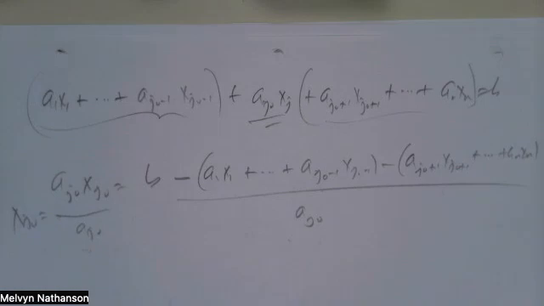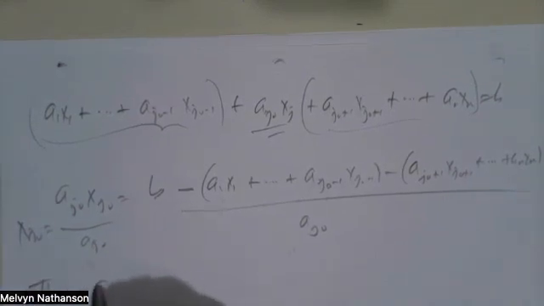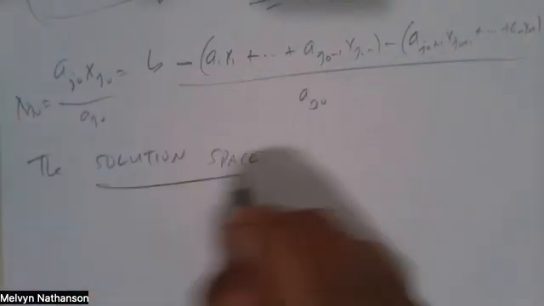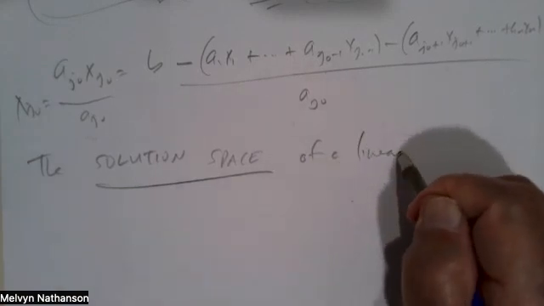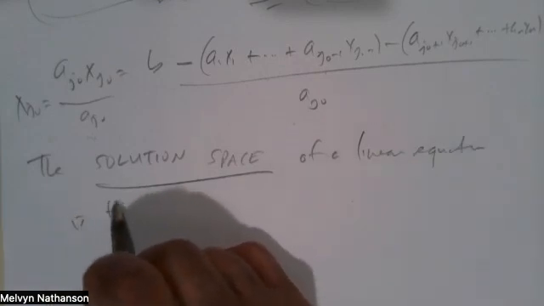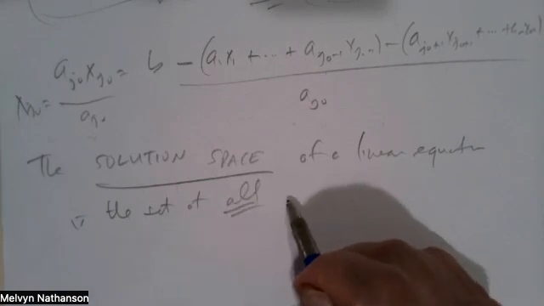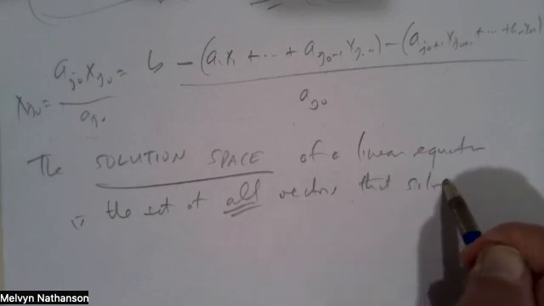And we want to look at the set of all solutions. So what is called the solution space of a linear equation is the set of all solutions, or all vectors that solve the equation.